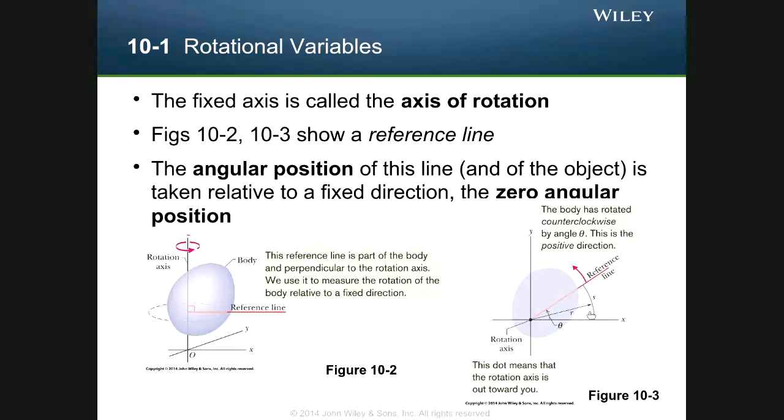I think when they do this, the rotation axis is out towards you. But we already have a rotation axis. Oh, I see. Okay, I'm getting ahead of myself. There are two different rotation axes.